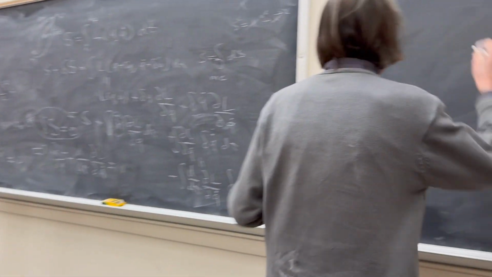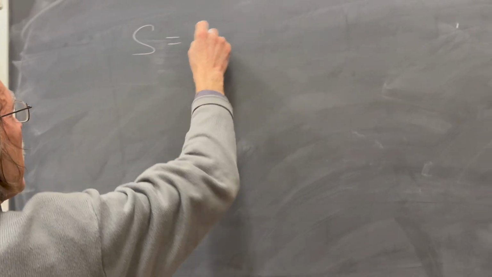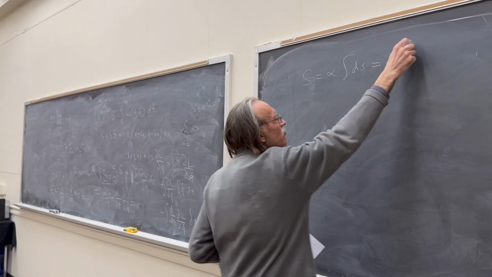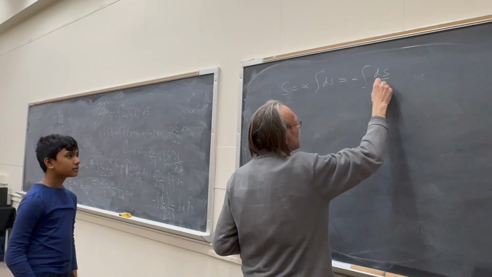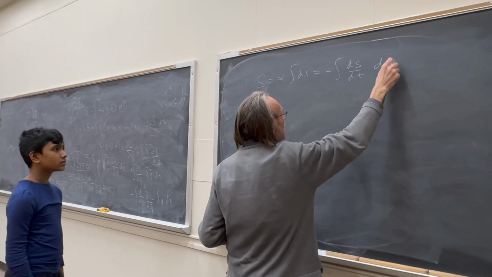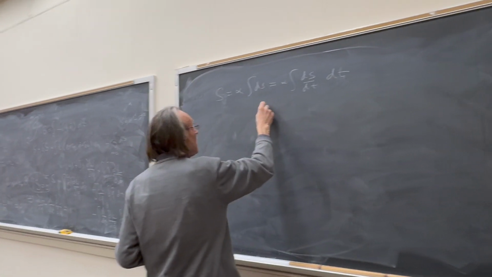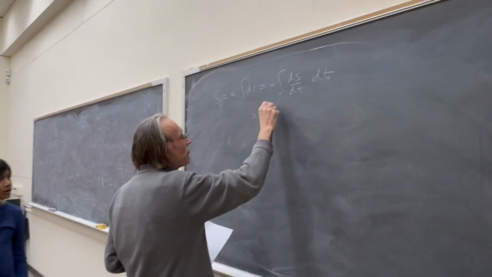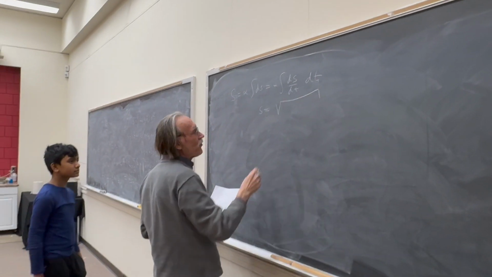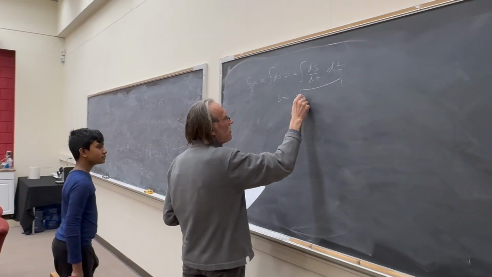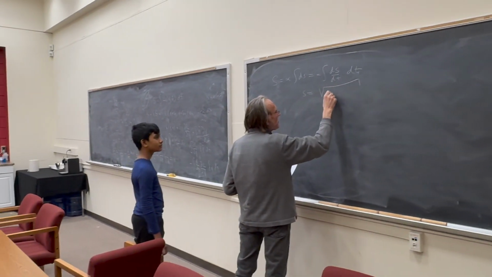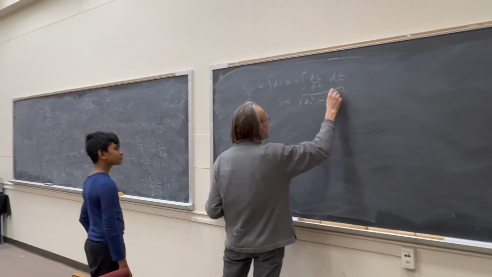so we know that the action is alpha times integral ds, which is alpha times integral ds dt times dt, and s squared, s is equal to the square root of x0 squared minus x squared.